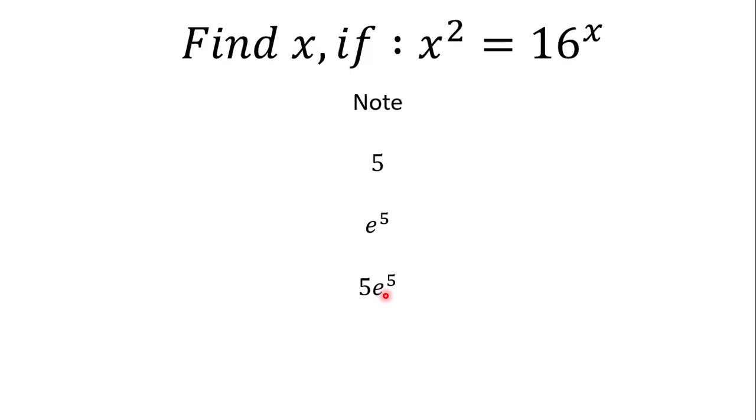Okay, alright, so to get our something back here, we're just going to use the Lambert W function, because now it suits the function or the approach.